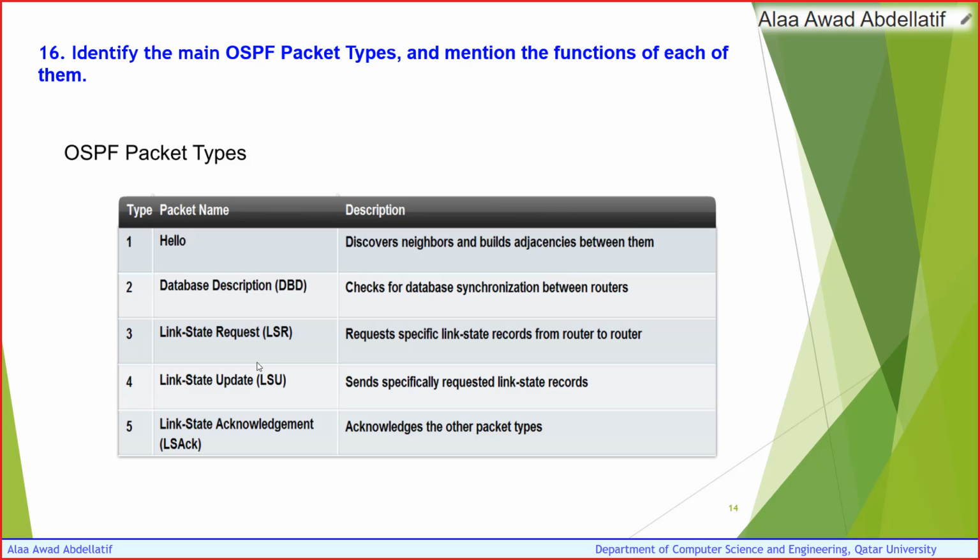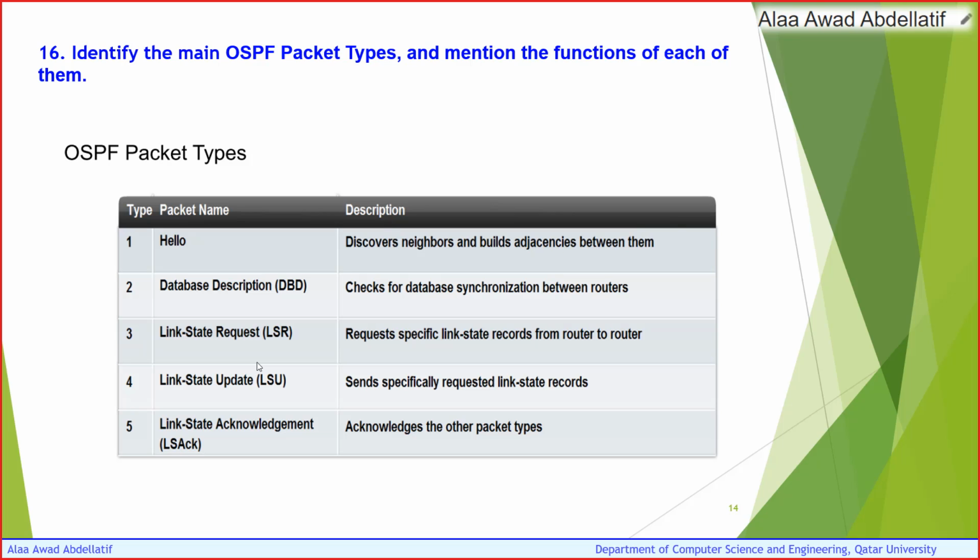For example, the hello packet is used to discover neighbors and build adjacency between them. A database description packet is used to check for database synchronization between routers. Link state request is used to request a specific link state record, or collect information about a specific link or specific records from router to router.